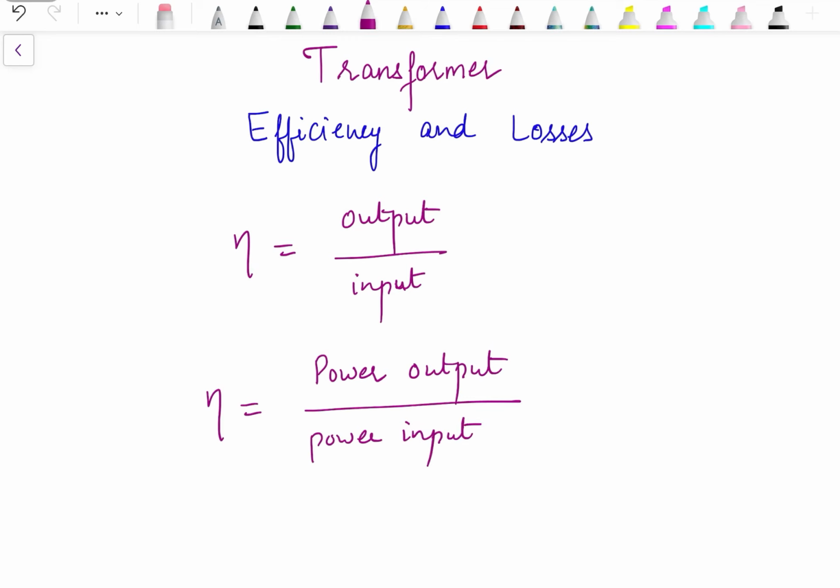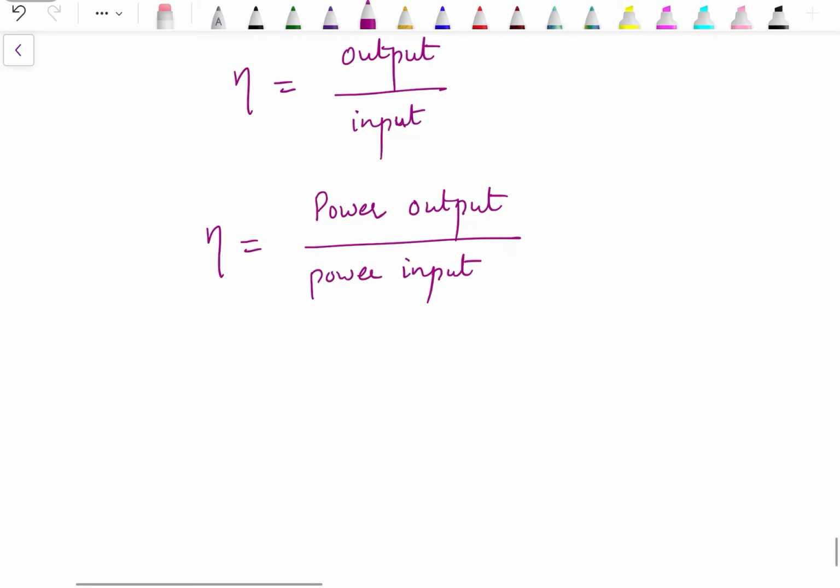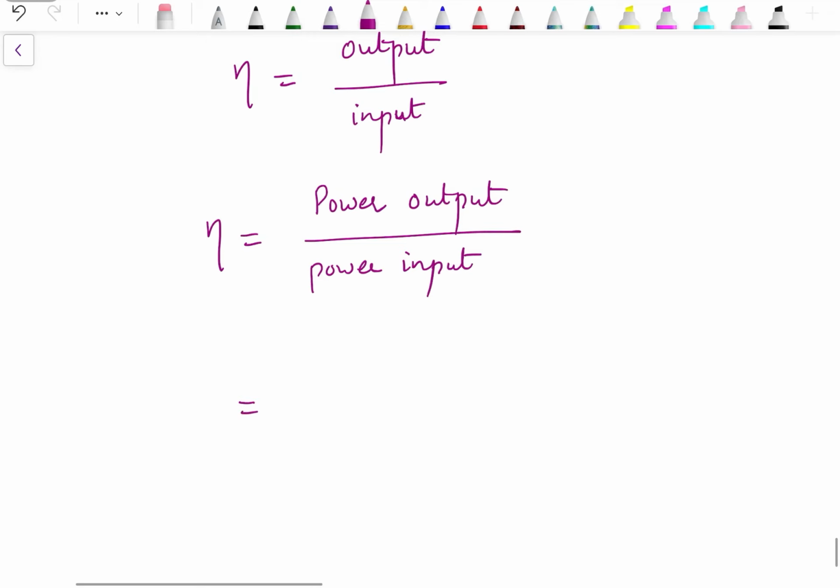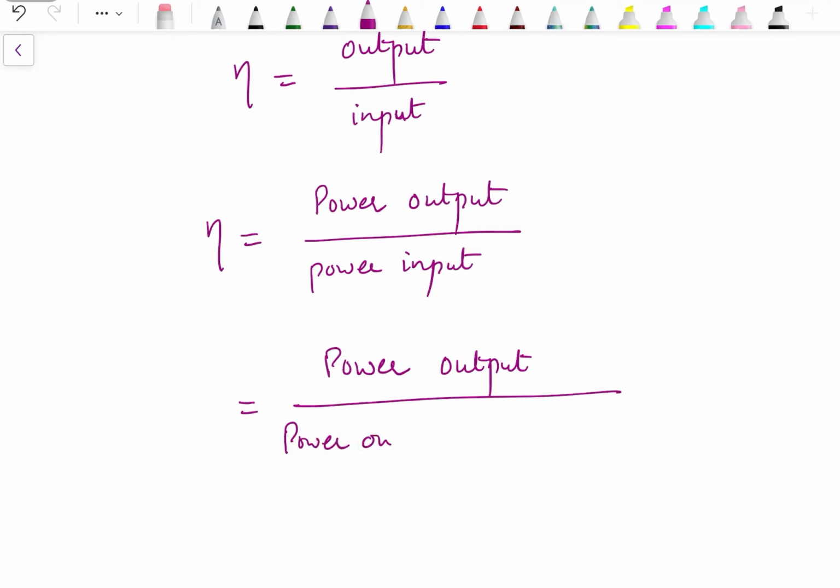The power input can be written in the form of power output and losses. So efficiency can be written as power output upon power output plus power losses in transformer.